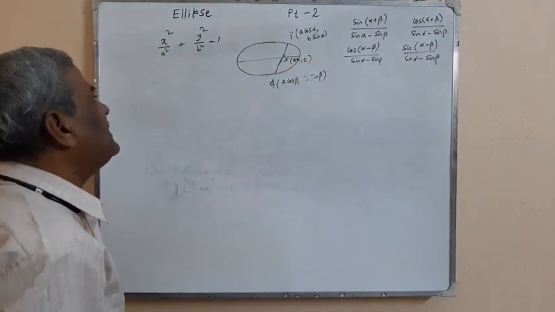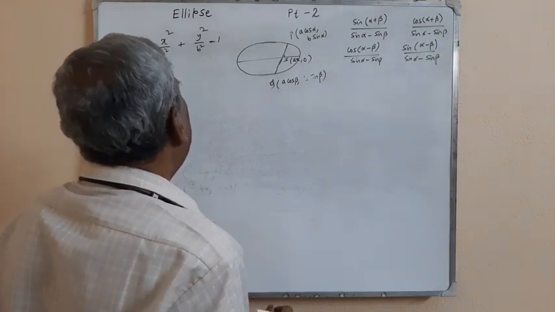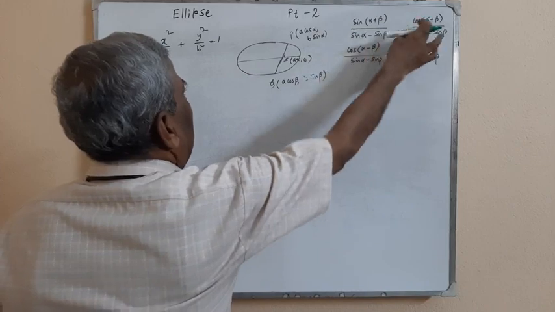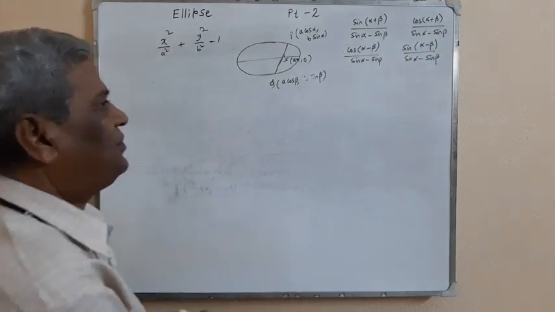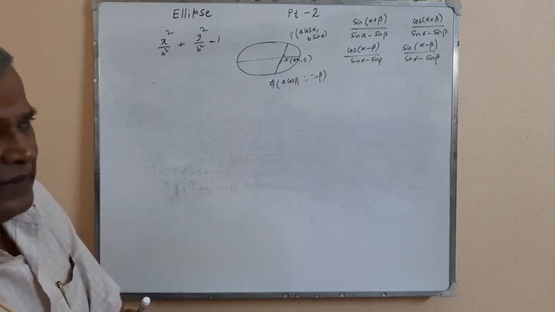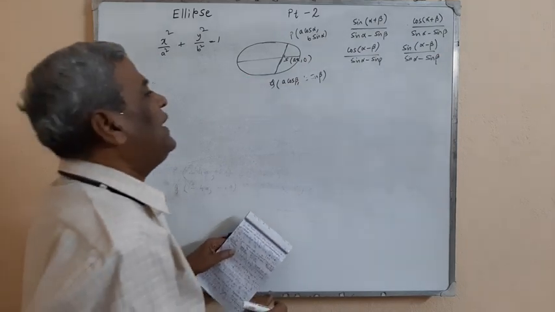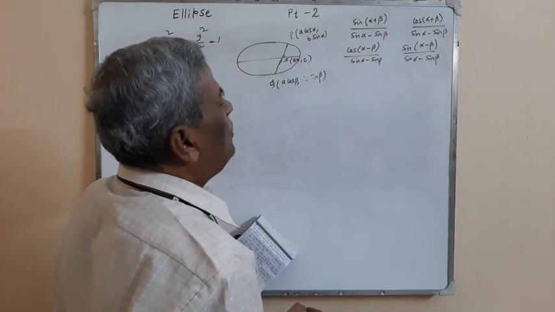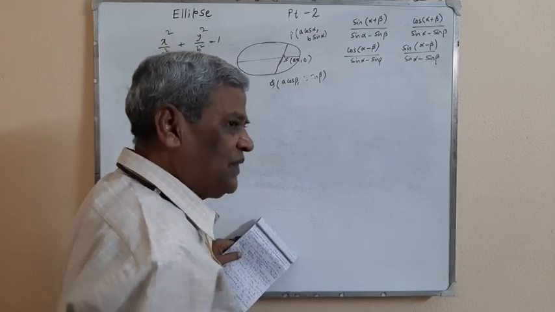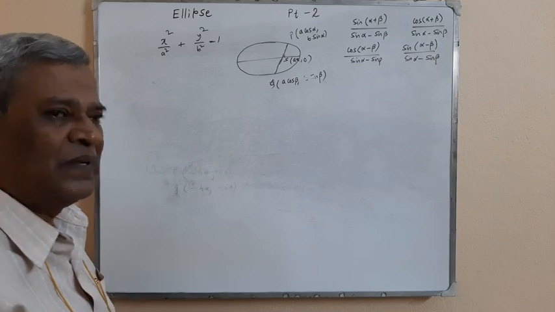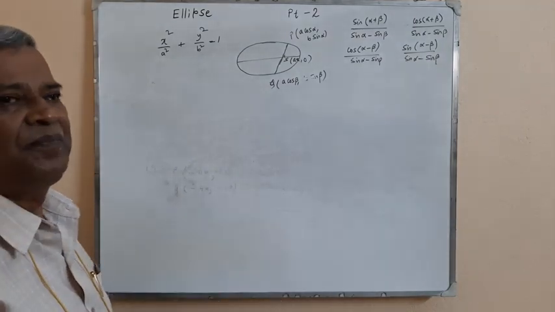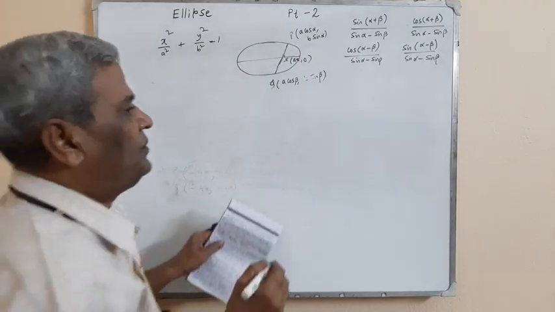Now from this information we have to find the eccentricity of the ellipse, and these are the options. The clue is that P, S, Q, these 3 points are collinear, so the area of the triangle formed by them will be 0. From that information we can find the eccentricity.